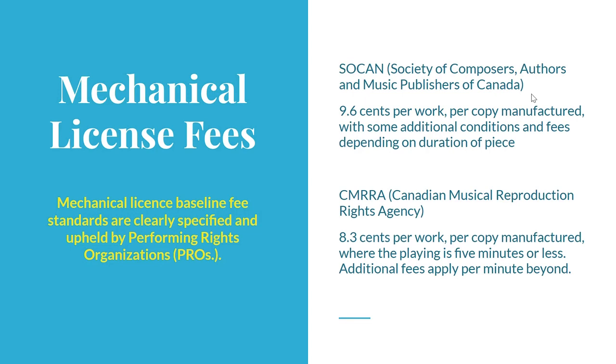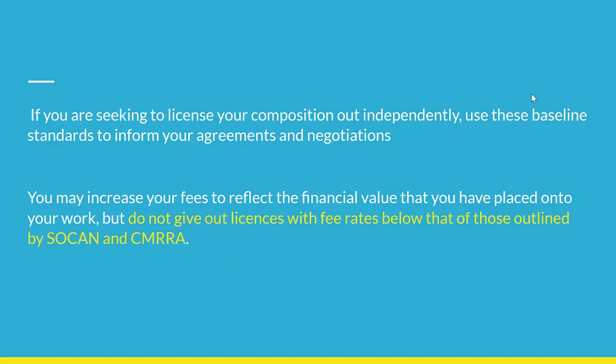CMRRA also has a standard, and that's 8.3 cents per work, with, of course, some additional modifications depending on the length of the work. These standards are widely accepted and enforced. So what's really important is that if you are licensing your own compositions independently, stick to these standards, to these agreements, to inform your negotiations.